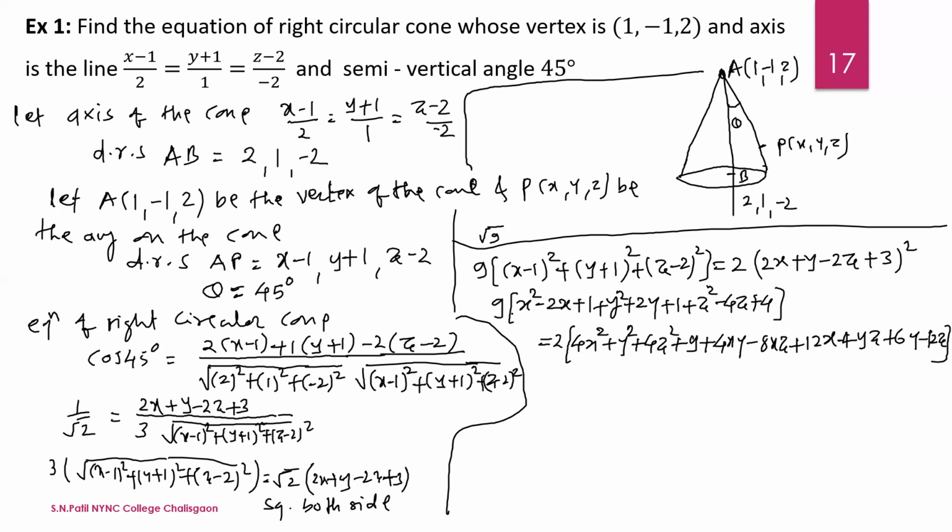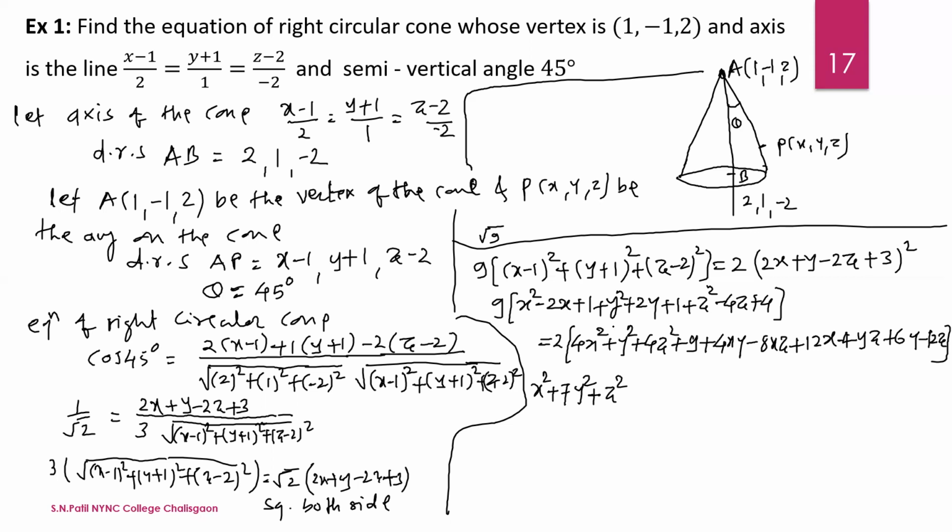Now 9 is multiplied here, 9x square, and here 8x square in the right hand side, it becomes 9 minus 8, that is simply x square. Now here 9y square and here 2y square, 9 minus 2 is 7, plus 7y square. Now 9z square and 2 into 4 is 8, 9 minus 8, that is plus z square. Okay, we finish the square terms.